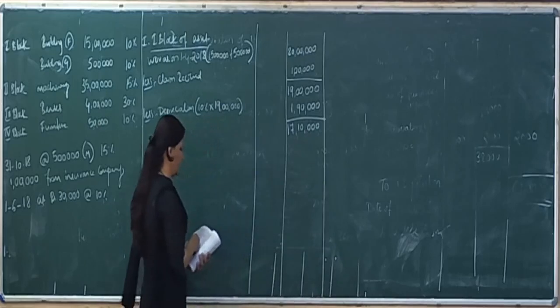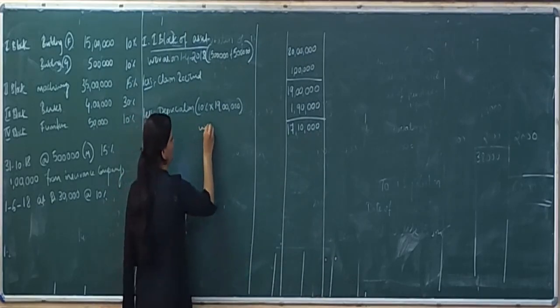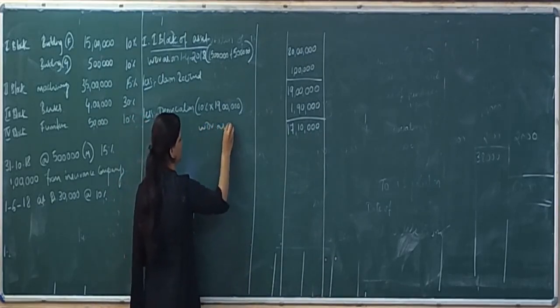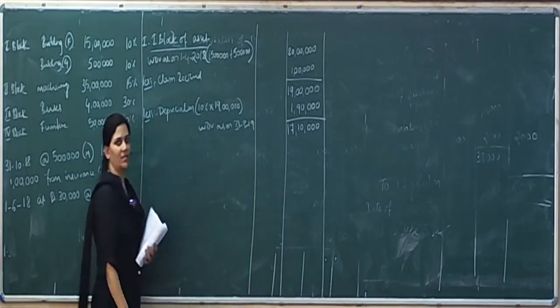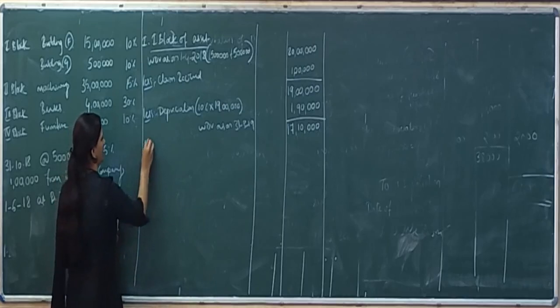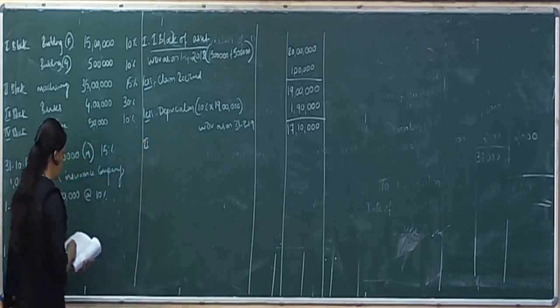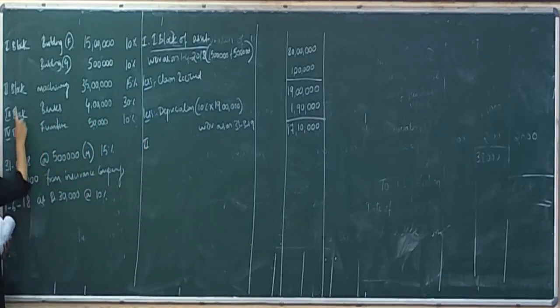Total amount 17,10,000. Okay, so this is written down value as on 31st March 19.